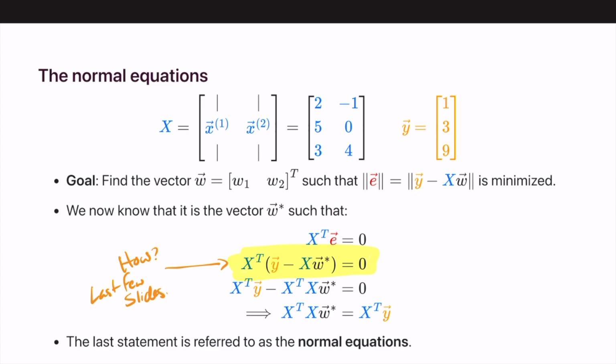Eventually what we want to do is get the w vector by itself. So we'll have to get rid of this somehow, which means probably multiplying it by its inverse and putting that on this side, which will get w star or w vector by itself.